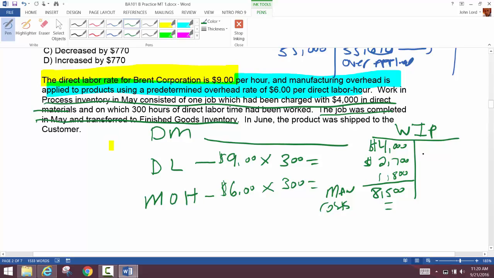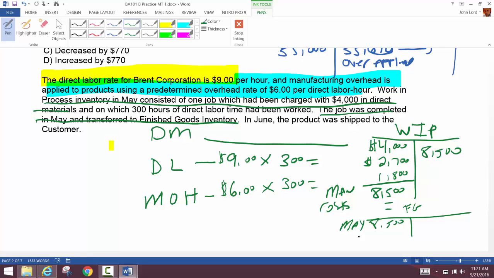Credited my work in process for 8,500, and then I would have debited, good, my finished goods for 8,500, right? And that happens in May. So in May, I started this job, I finished it, and I transferred it to finished goods, right?